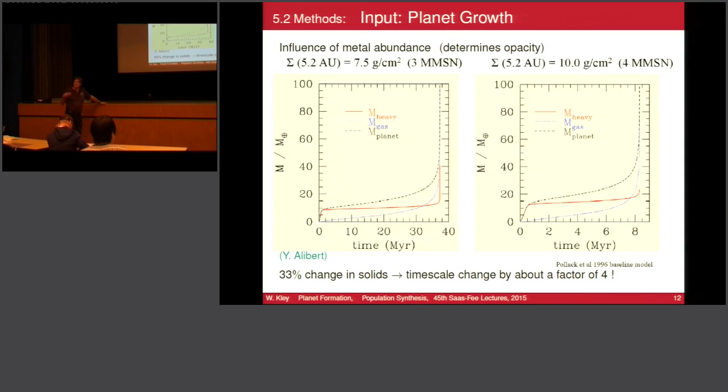You vary the abundance of the solids, and then of course the planet takes longer to grow, and the evolution time of the disk is also a little bit different. Then you can see whether you can make planets if you have this low surface density of dust. Can you really make enough planets in disks which are big enough, let's say 50 AU or something? So 33% in solids gives a factor of 4 in timescale.